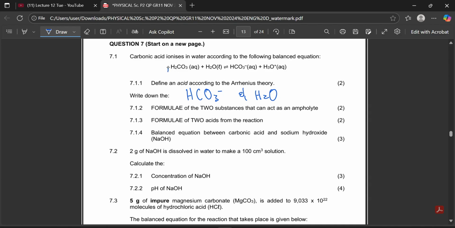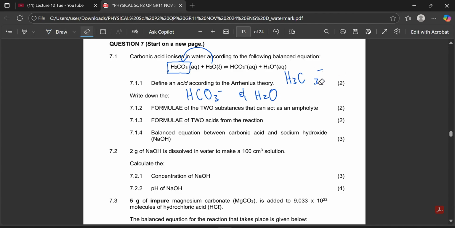So we already identified this guy as our first acid, but which one is also our acid? Think about it. In the reactant part, water cannot be an acid, because if water is an acid, it has to give a proton to this guy. And if I give a proton to this guy, I form H3CO3 plus, which is a non-existing ion.